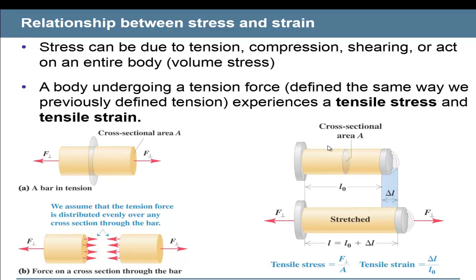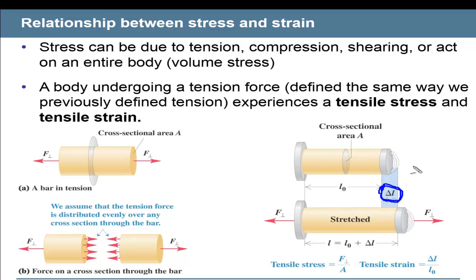So if I'm pulling something apart, it would stretch, right? So the tensile strain here is really just a measure of how far the object stretches. It's this delta L. That's really what dictates the tensile strain.